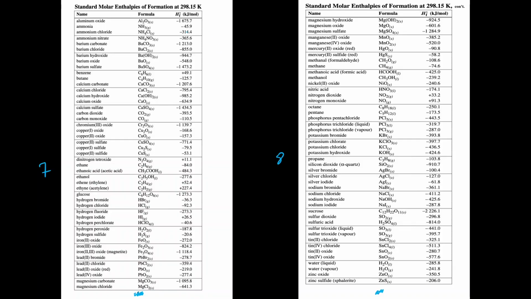Just having a look at these tables, it says at the top, standard molar enthalpies of formation at 298.15 Kelvin. So we're working at SATP conditions. And we have a list in alphabetical order of just some of the more common compounds. Definitely not an inclusive list for sure, but it is some of the more common compounds.